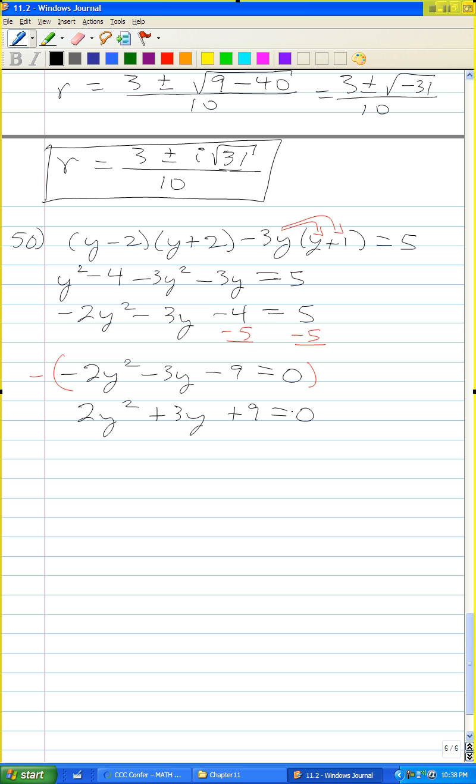So now I can use the quadratic formula to solve for this. And so I have that y is equal to negative b plus or minus the square root of b squared minus 4ac all over 2a.